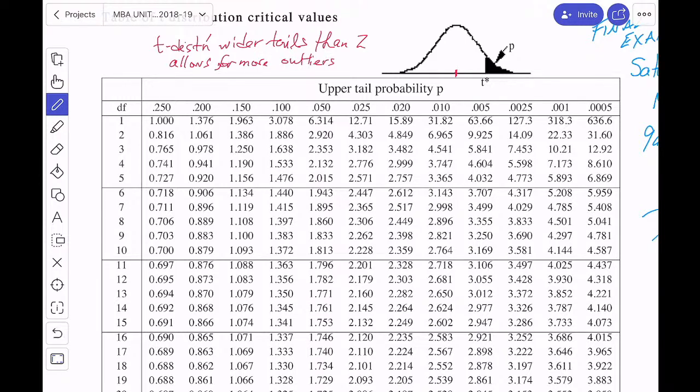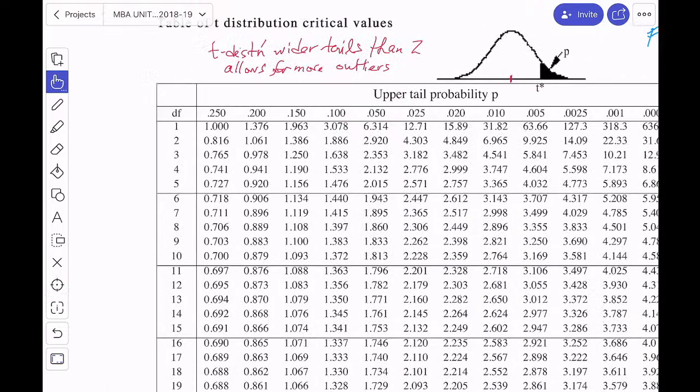There are more values that are considered different or far away, separate from the rest of the distribution. And what happens here is that we have this table that actually has many t distributions, because the t distribution depends on the sample size. And what you see here is one t distribution.